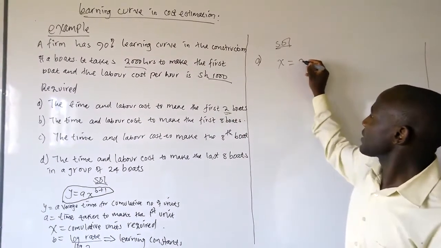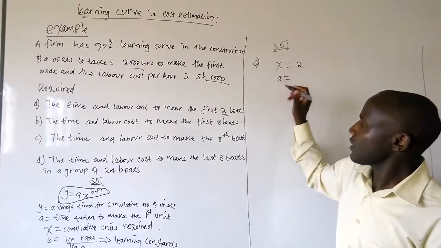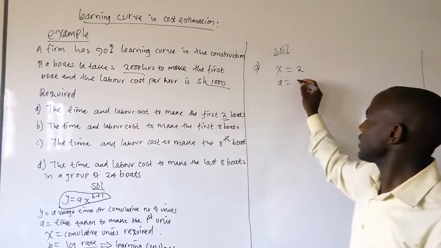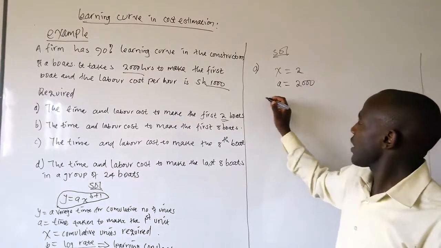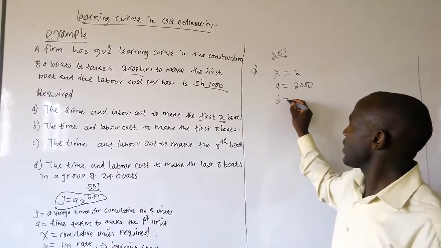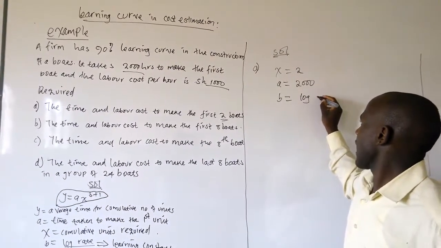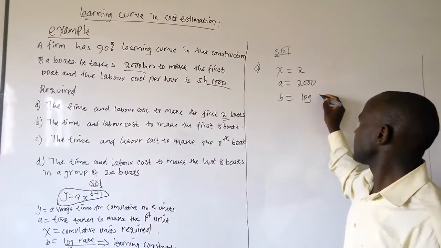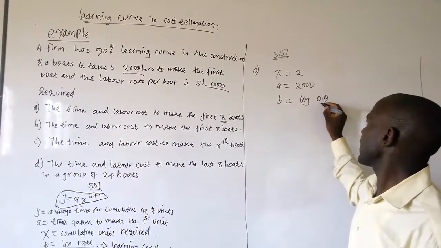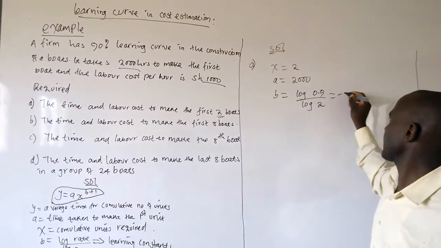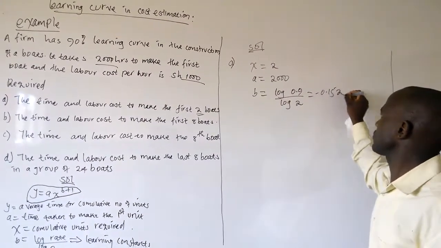So x is 2, and a is the number of hours taken to make the first, which is 2,000. Then b is given by the logarithm of our rate, 90, so dividing that by 100, we get log of 0.9 divided by log of 2, and this gives us negative 0.152.